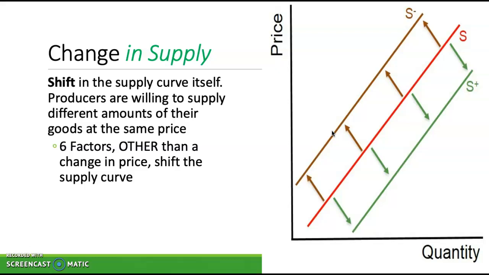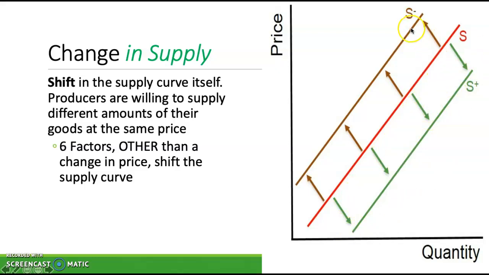If we are looking at this graph at the right, assume that the red supply curve, labeled as S, is our original supply curve. If we were to see an increase in supply, remember, an increase is always to the right. So this green supply curve, labeled as S plus with the green arrows, looks like it's going down. However, this is actually an increase in supply.